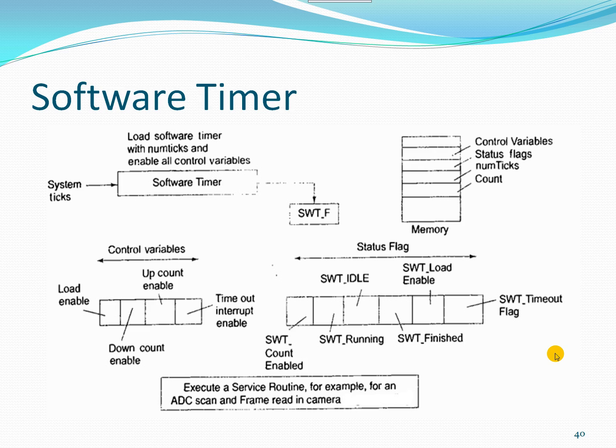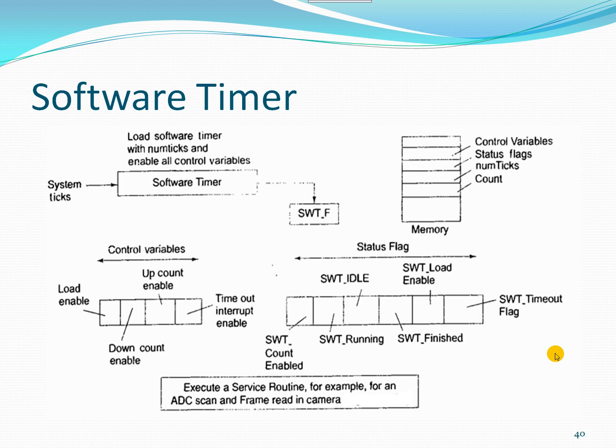That system tick will be taken as num ticks, so the number of tick values, that is the number of clock pulses which has been given, are taken as num ticks. The software timer will be loaded with that num ticks, and all the control variables will be enabled. So what these software timers will be doing is based upon the control variables and the status flags which we will be giving.